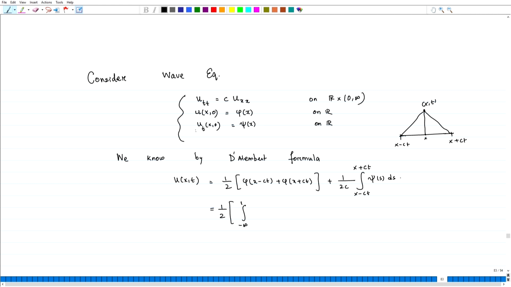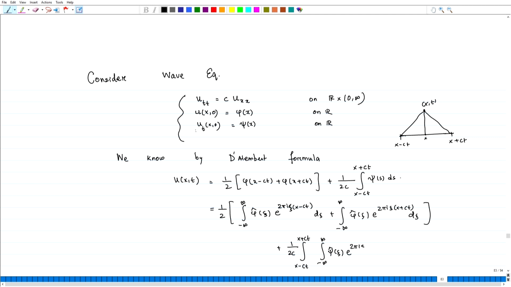This is equal to the integral from minus infinity to infinity of phi hat(xi) e^(2 pi i xi (x minus ct)) d xi plus the integral of phi hat(xi) e^(2 pi i xi (x plus ct)) d xi, and the other one is 1/(2c) times the integral from x minus ct to x plus ct of psi(s), which equals the integral of psi hat(xi) e^(2 pi i xi s) d xi, then ds.